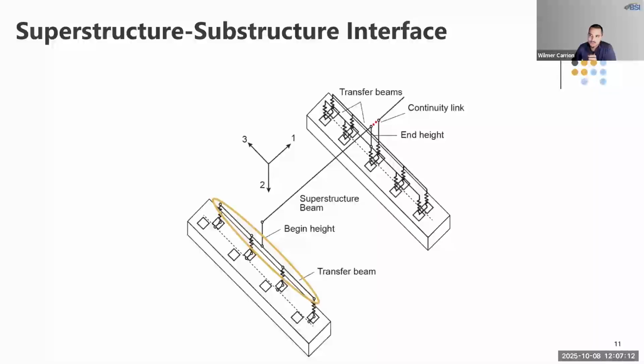In turn, the transfer beam is typically very stiff and allows loads to distribute to the bearings on the pier cap. When you're letting the program generate these intermediate elements, you get a very stiff transfer beam by default.